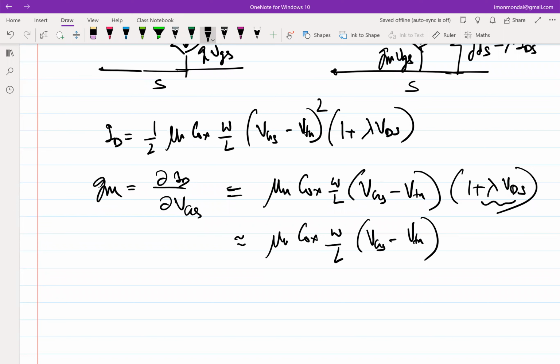But in case of GDS, we cannot do that because nothing can be much lesser than 0, right? When you don't have a GDS and you have some GDS, these are completely different scenarios. You will have infinite error if you neglect GDS when you are supposed to have some. But in this case, the percentage of error is not significant. So we'll still go with the old expression of GM, right?